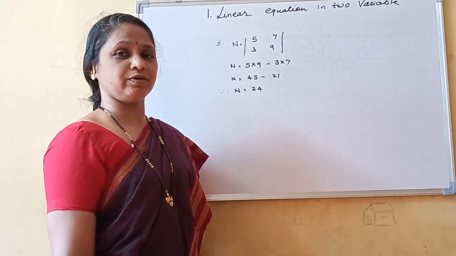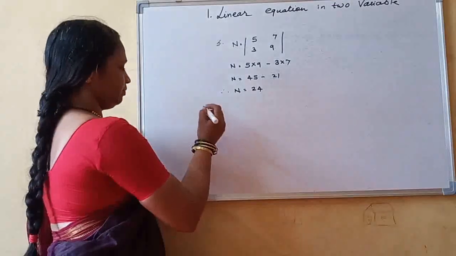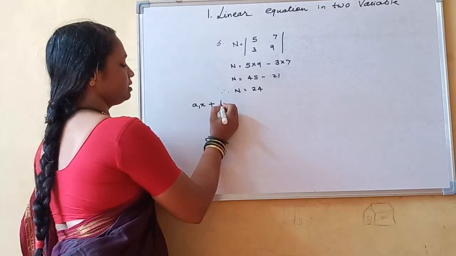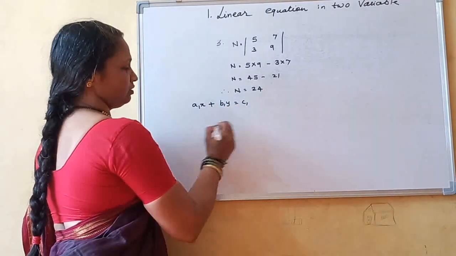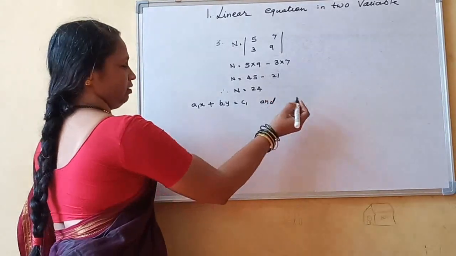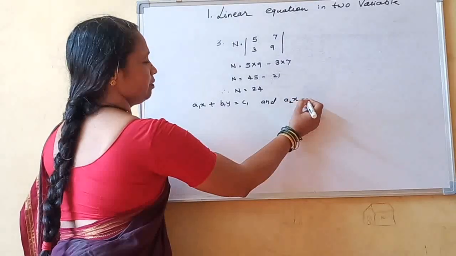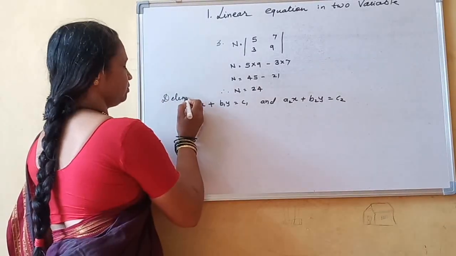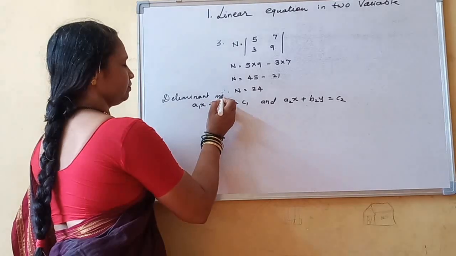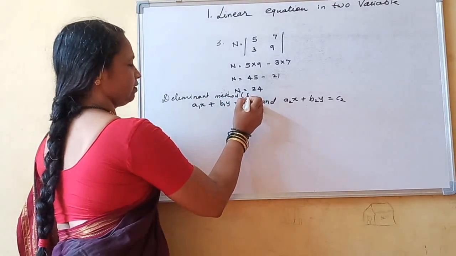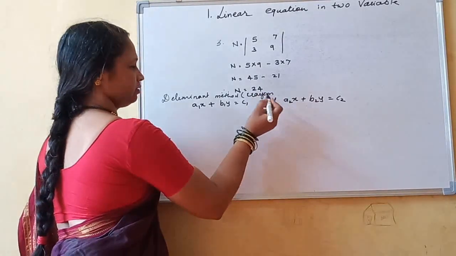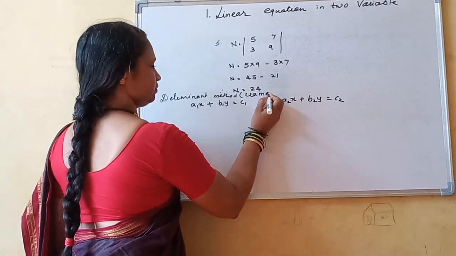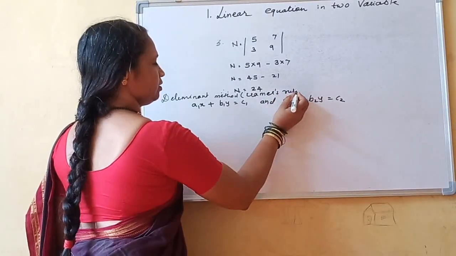First we have to write the linear equations. Now see, to solve these equations by Cramer's rule, linear equations a1x plus b1y is equal to c1 and a2x plus b2y is equal to c2. Determinant method, Cramer's rule.